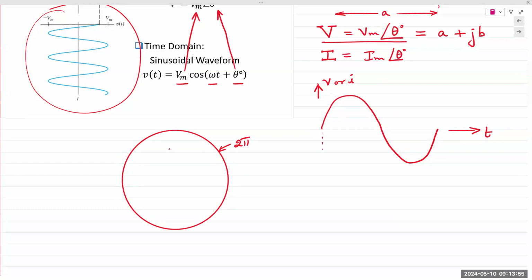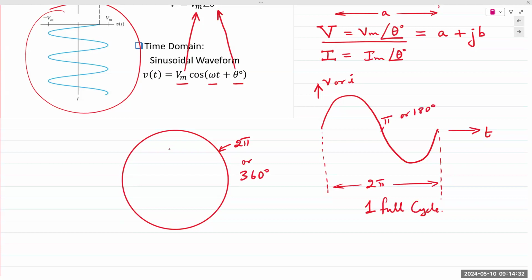So when you take the entire full cycle, which is one full cycle, and we represent it as one circle, in radians, this comes out to be 2 pi. So one time period is equivalent to 2 pi, or 360 degrees. Right, 360 degrees. One half cycle is pi, or 180 degrees.